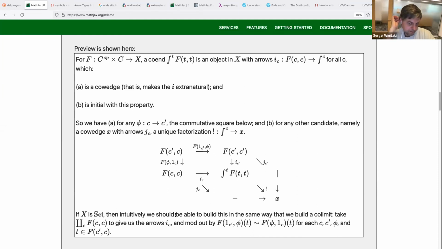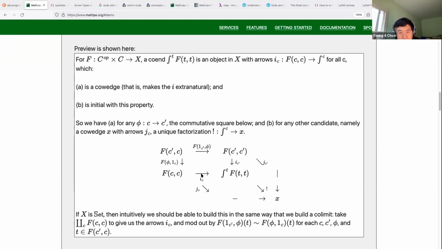In that case, let's say a colimit should always exist in Set. You can just take the coproduct and mod out by the thing that will make everything into appropriate cones. Your cones have to be correct, your cone triangles all have to commute, so you mod out by what you need for that.